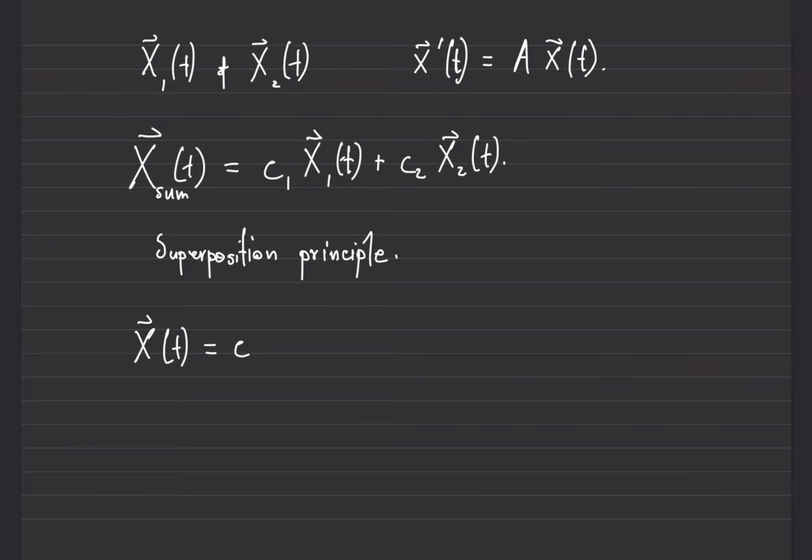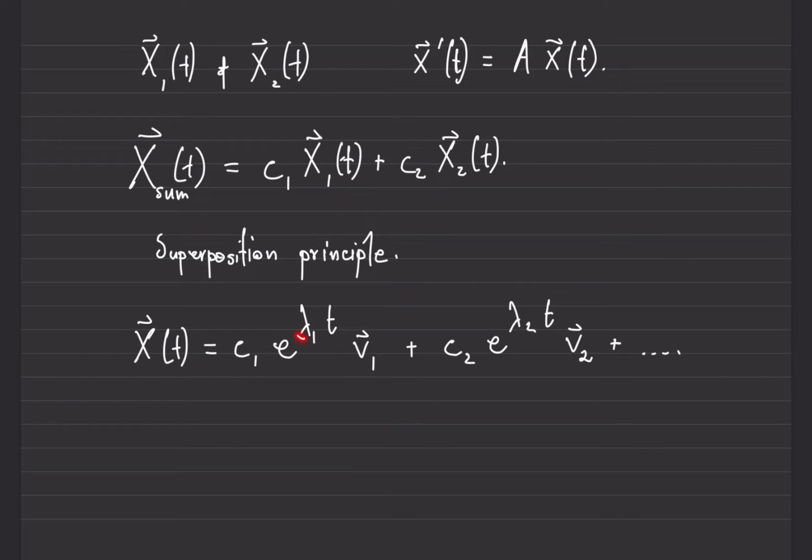And we usually write c1 e to the lambda 1 times t times v bar 1 plus c2 e to the lambda 2 times t times v bar 2 plus all the way until the rest of the eigenvalues and vectors.